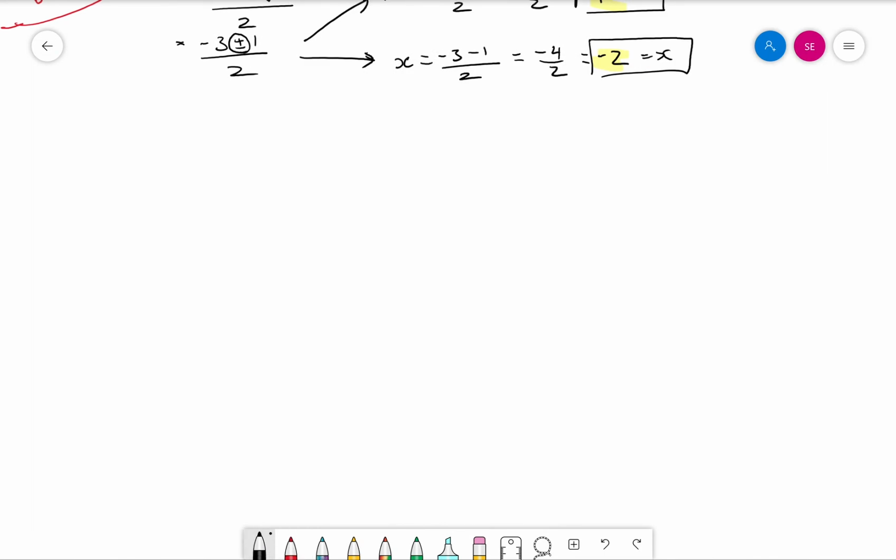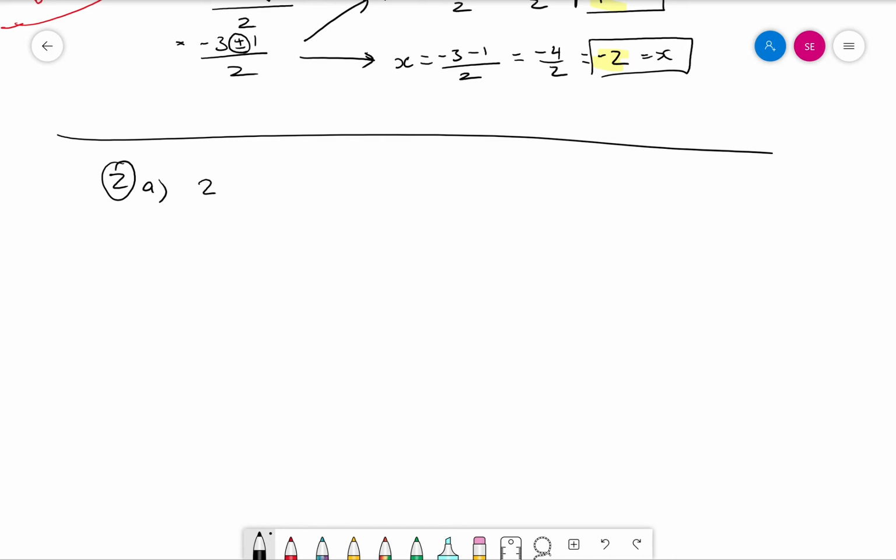Okay, so let's do question 2a. Before we actually get into using the quadratic equation, just a quick recap of simplifying fractions. This is why we did a bit of work earlier on in the term.